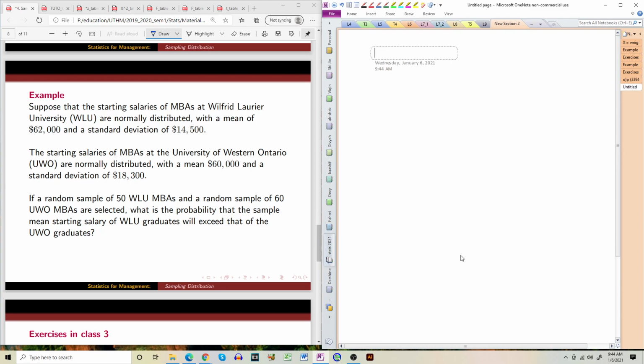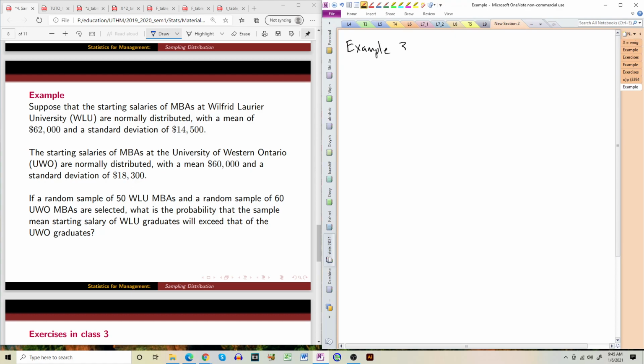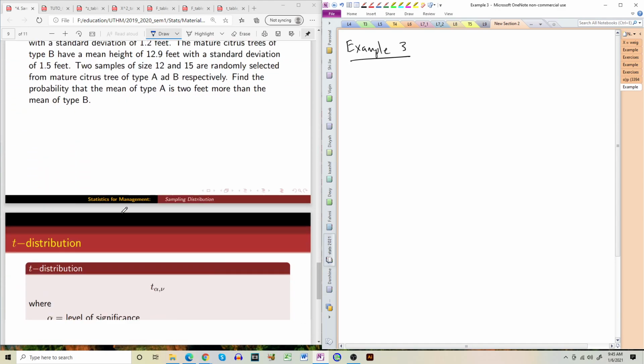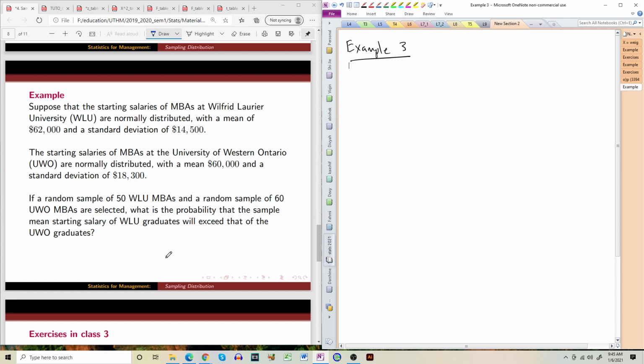Going to the next page. Example 3. Suppose that the starting salaries of MBAs at WLU are normally distributed with a mean, and then there is another group, the starting salary of MBAs at UWO, University of Western Ontario.